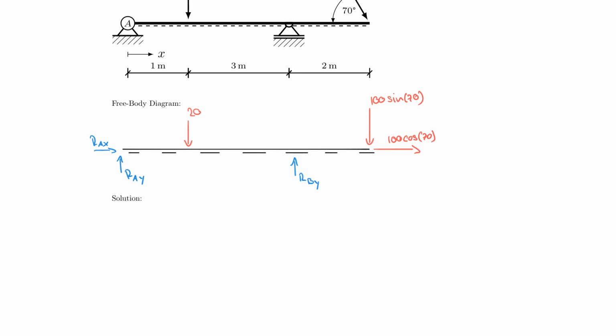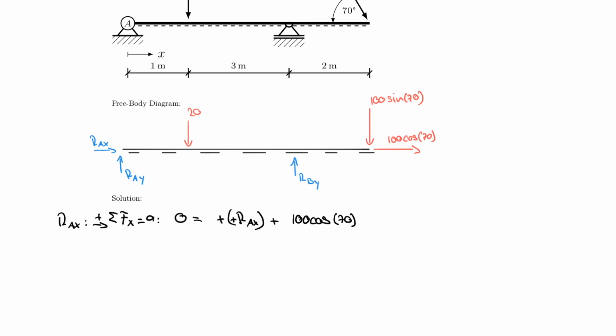So I start in this case with the easiest one, which is RAX. To find RAX, I use the sum of the forces in the x direction being equal to 0, positive to the right. And 0 is equal to plus positive RAX plus what's positive actually as well is 100 cosine 70.